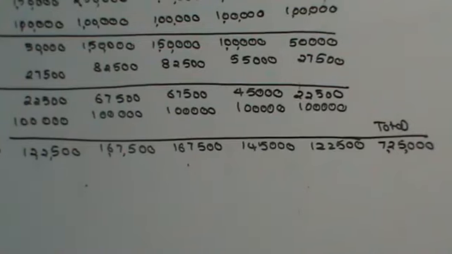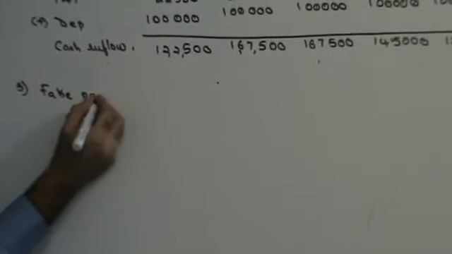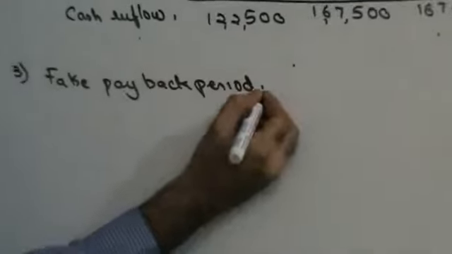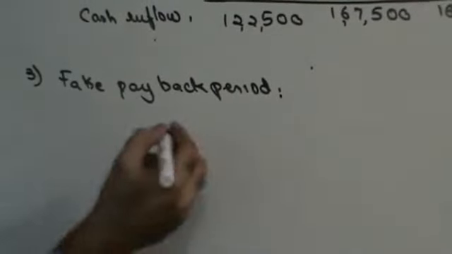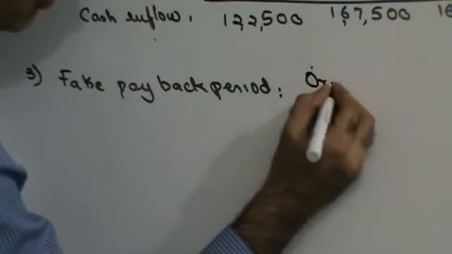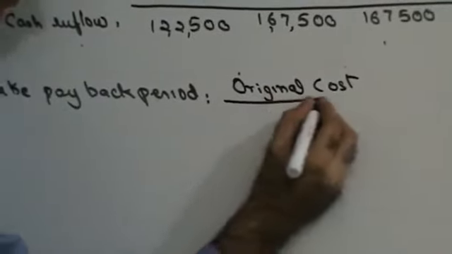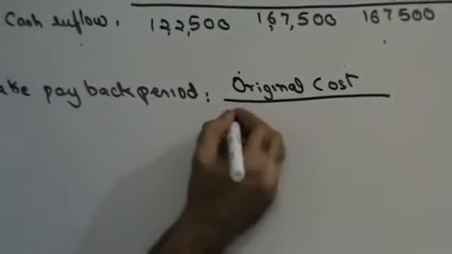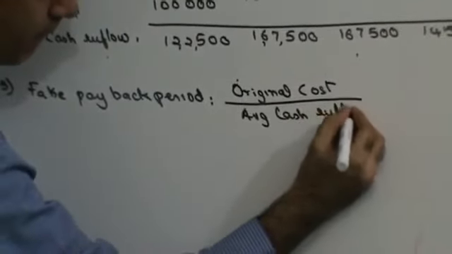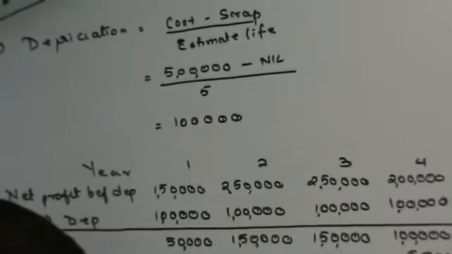Now, next thing that you have to do is find out fake payback period. Fake payback period is original investment or original cost divided by average cash inflow. Right? My original investment for the project is 5 lakhs.